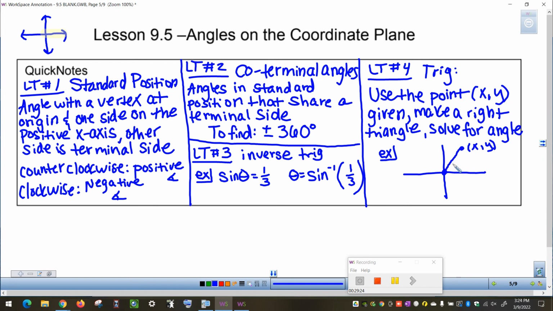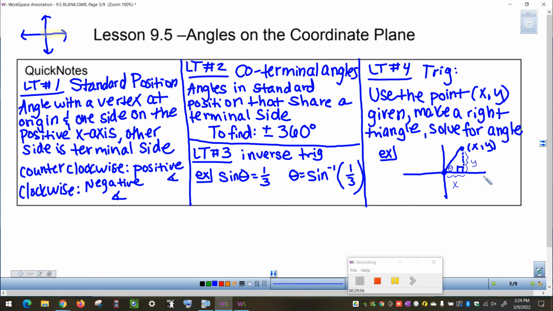The paper clip is always connected to the center. So that ends up being the hypotenuse for our triangle. So this is where we can draw that third little line down. I like to make it a dotted line to turn it into a right angle. Our angle theta is down here on the inside. And this measure of our triangle is really whatever the x value was of the point. And then this measure over here is going to be the y value.